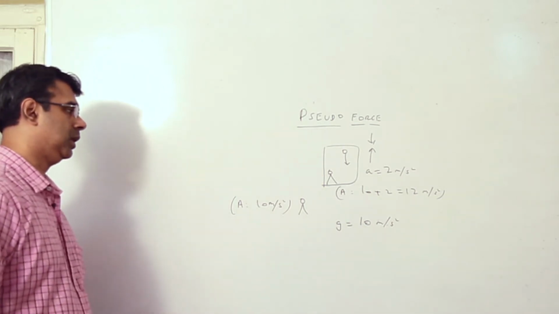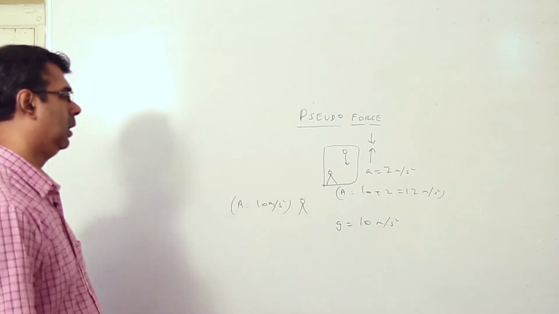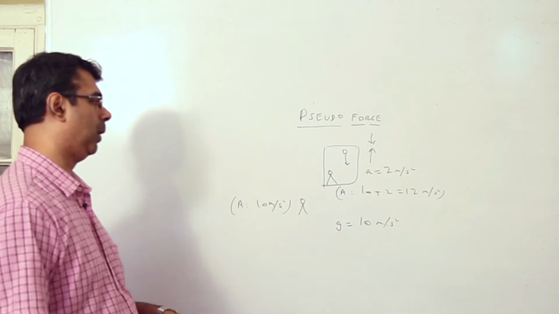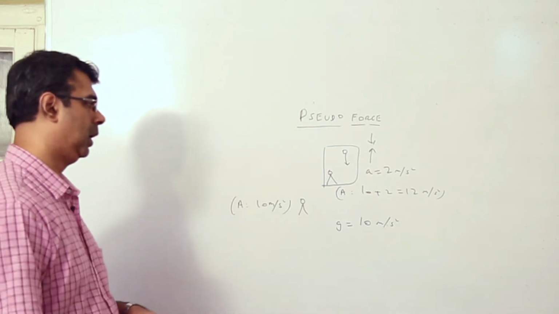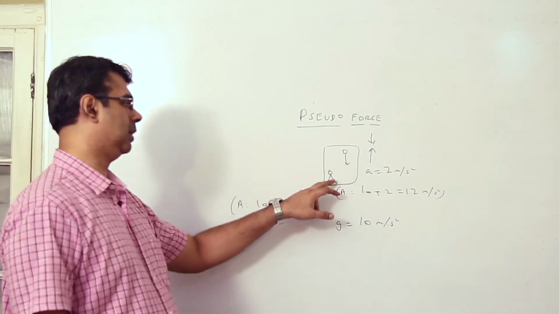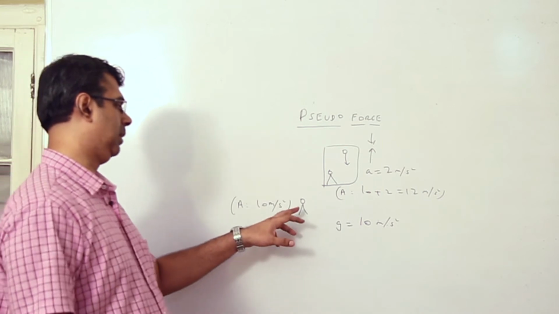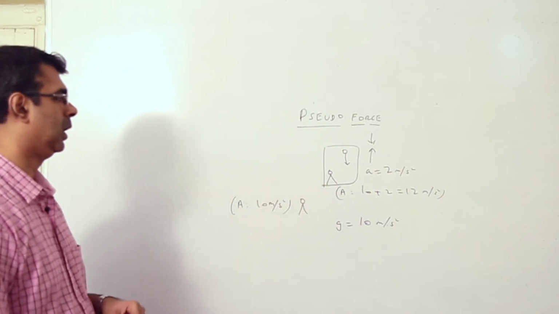Now Isaac Newton gave another suggestion for doing such a question. According to him, the person who is on the ground is supposed to be in an inertial frame, and the person inside the lift is supposed to be in a non-inertial frame. So the frame of this person is inertial and the frame of this person is non-inertial.